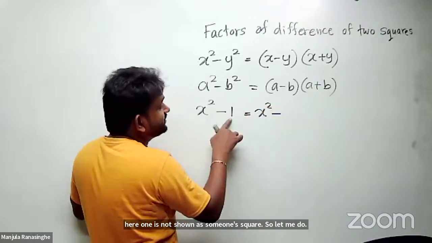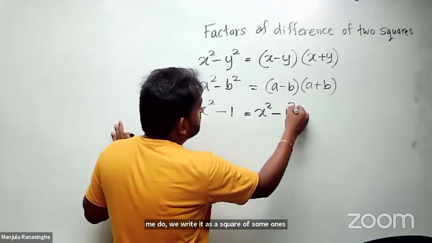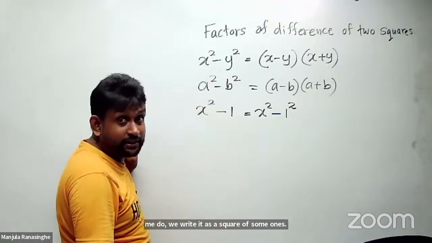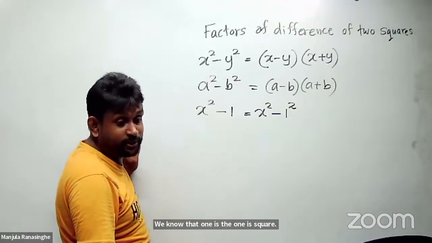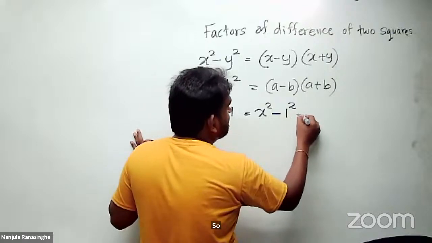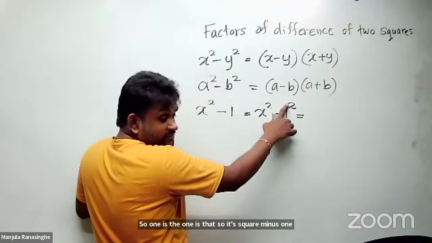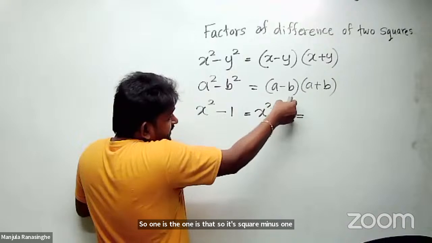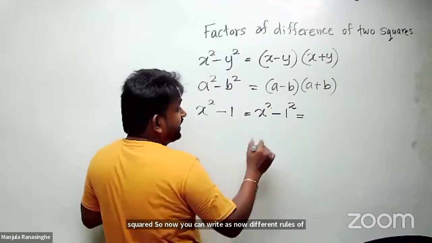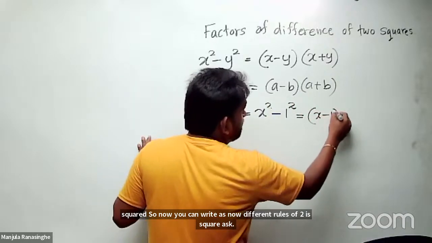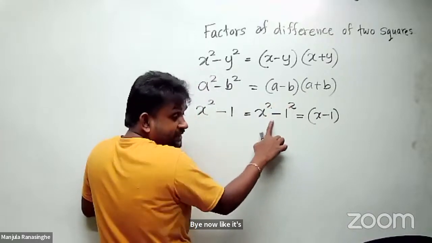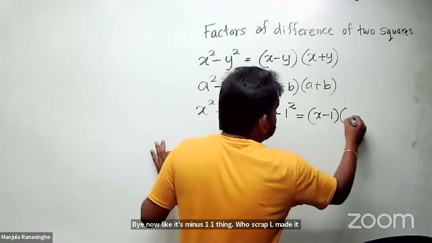We know that 1 is 1 squared. So x squared minus 1 squared. Now it is a difference of two squares; we have to make it into this format. Now take these two without squares: x minus 1, the other one x plus 1.